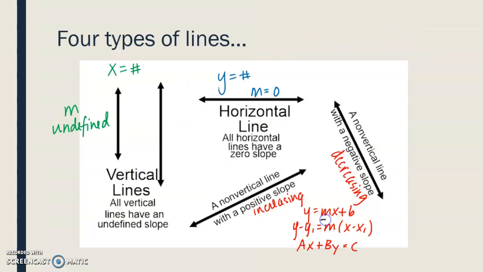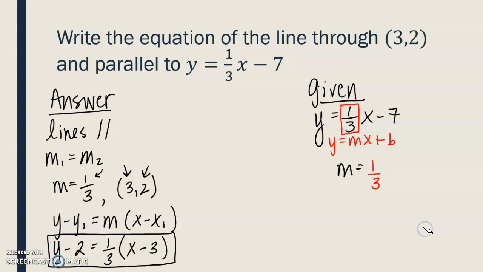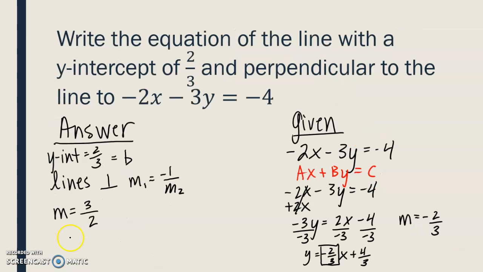Now I'm given my slope, and I'm given the y-intercept. That was the information given to start. So y equals mx plus b. It fits nicely into that form, so that's all we have to do.